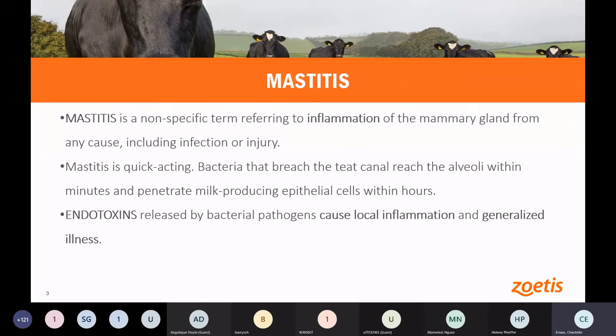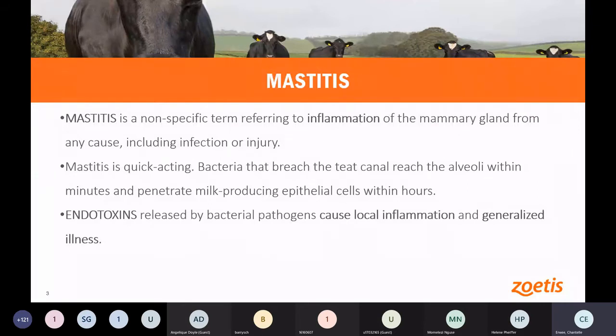So usually when it is a bacterial mastitis, and we'll talk about the different ways in which the udder tries to protect itself, but usually when we talk about mastitis, that means that that bacteria has managed to get through all the barriers, and it has actually breached that teat canal, and it has reached the inner area of the udder, and it can do that within minutes, and it can actually penetrate those milk-producing epithelial cells very quickly.